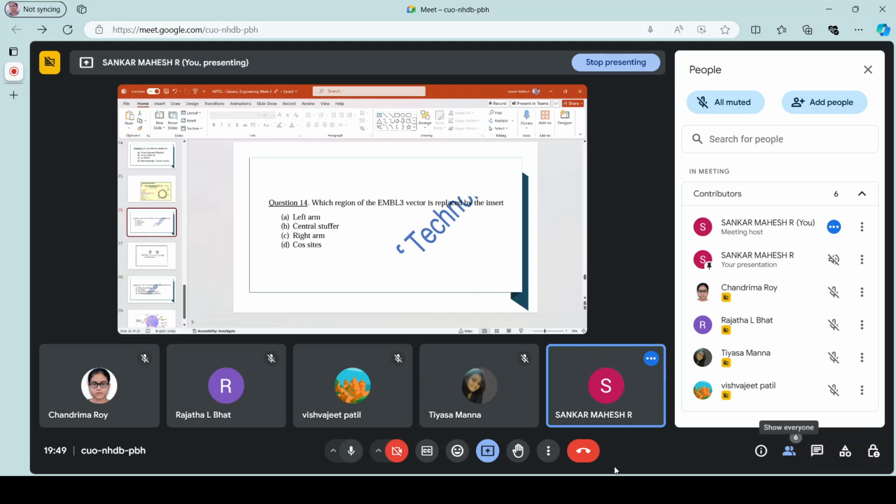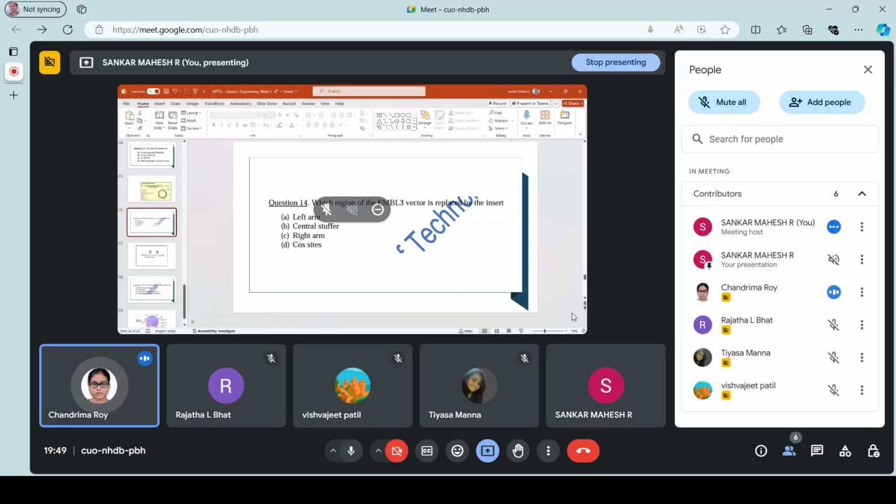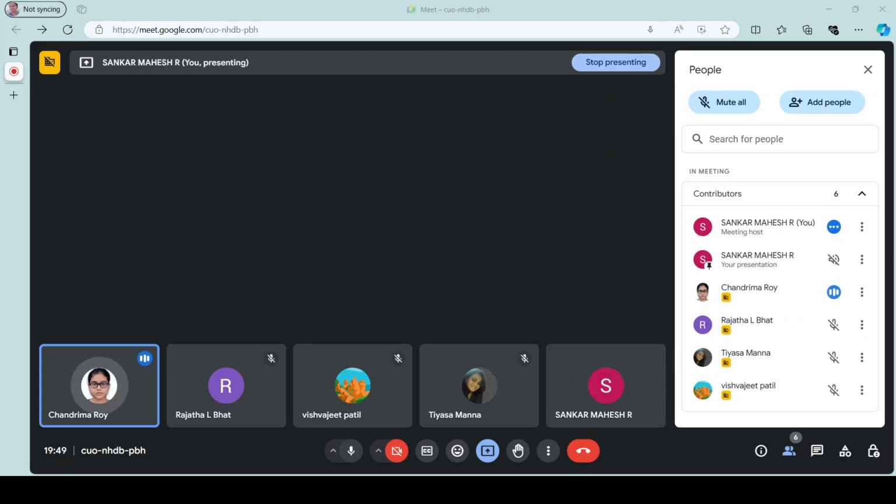Hello, can you hear me? Does anyone know what the EMBL3 vector looks like? Sir, I don't know, but it is a bacteriophage lambda-based vector.